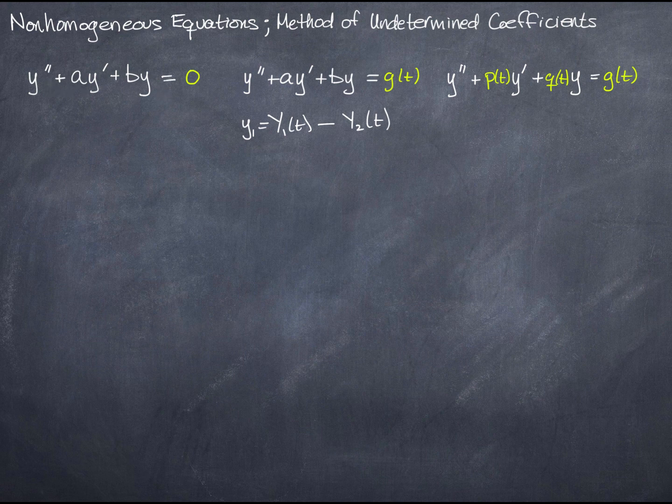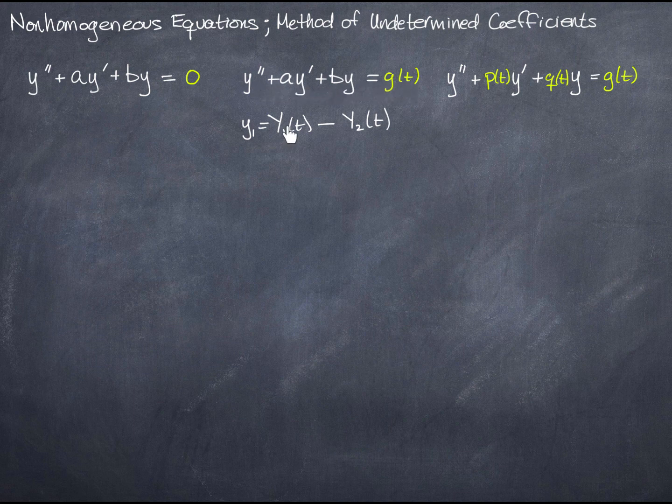And I claim I can get that by subtracting two solutions to this non-homogeneous differential equation, even if I don't know what they are. And here's how that works. Keep in mind that big Y1 and big Y2 are solutions to this differential equation.